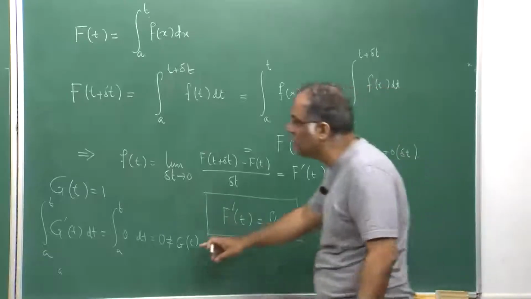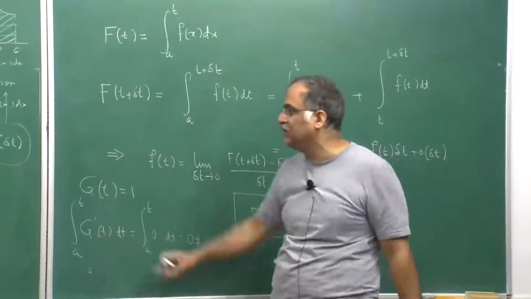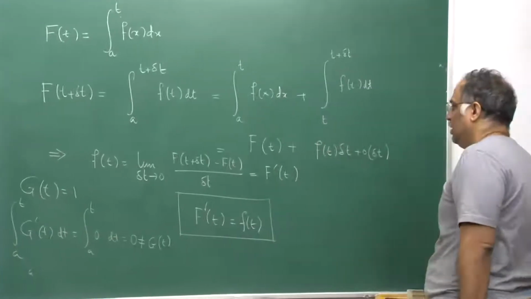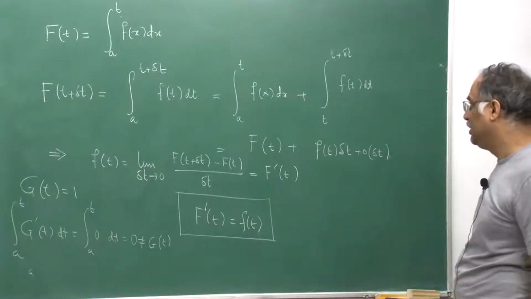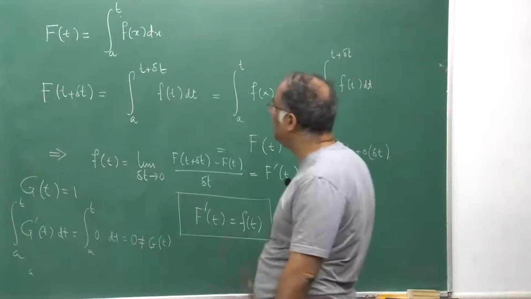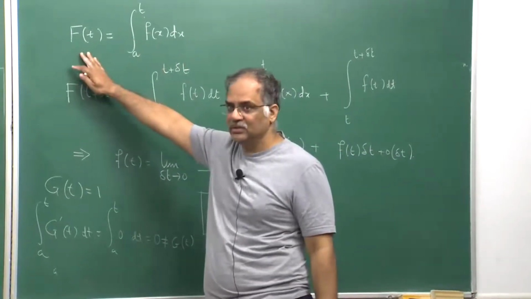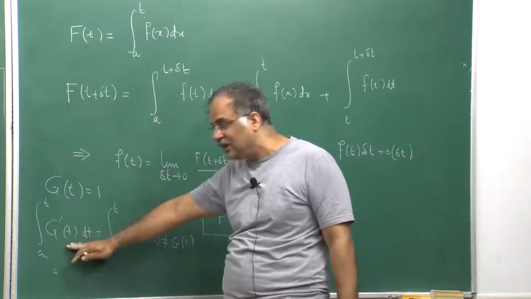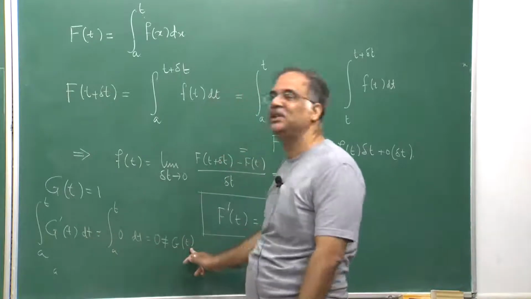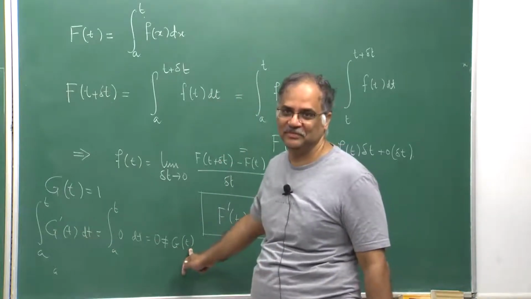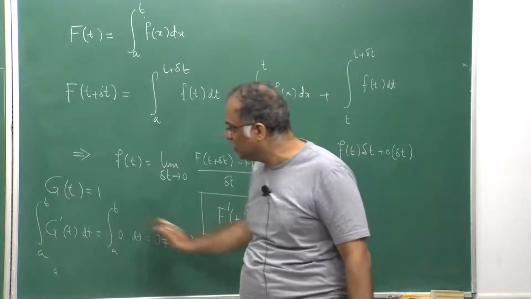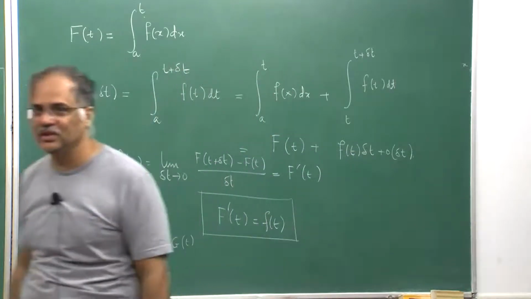So you cannot say, okay, I have got a function, so this should be just g of t, because then I can just recover it, this is a derivative of this. Here what I am telling is that this integral is giving me this function, but this integral of this is not giving me the g of t function. So you cannot say this is just a reverse of differentiation.